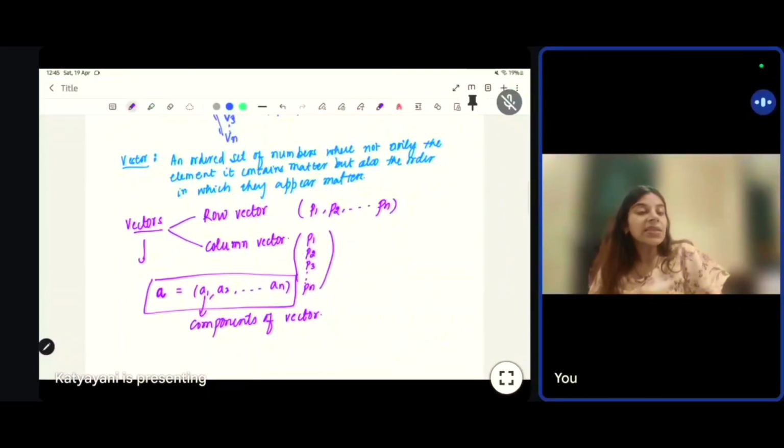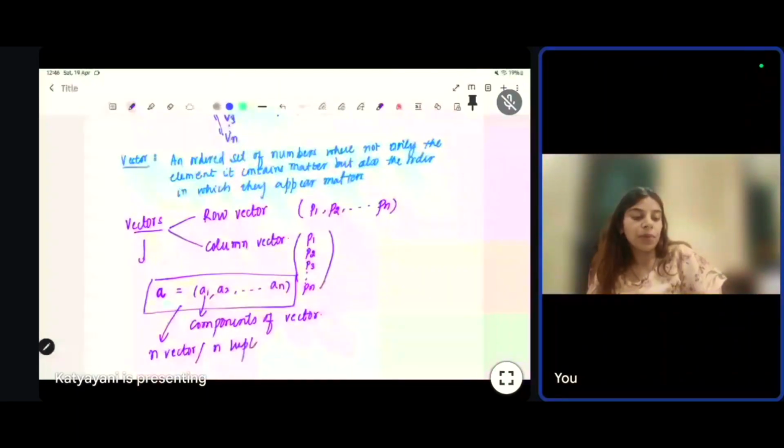The number of elements in a vector also decide whether it would be called a one vector, two vector, three vector, four vector, five vector and n vector. So here if you have n elements or n components in a vector, then such a vector is called an n vector, right? Or it is also called n tuple.